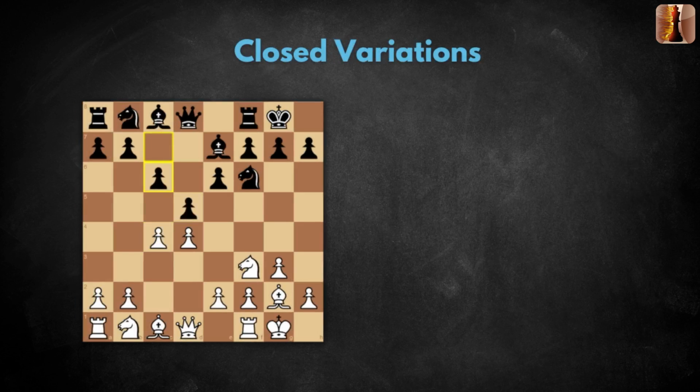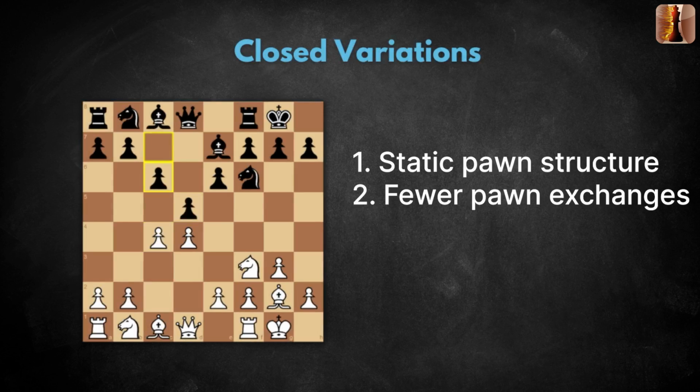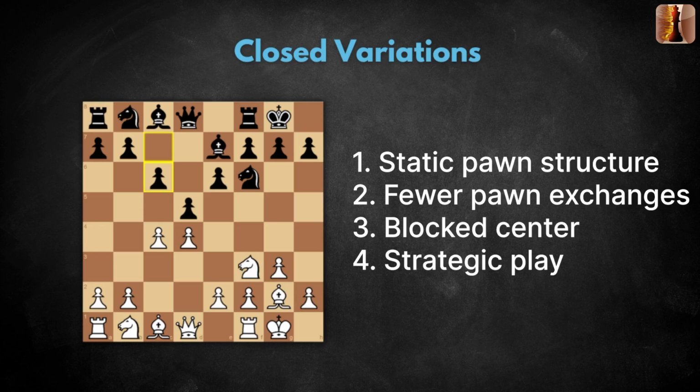Closed variations, on the other hand, have static pawn structures with fewer pawn exchanges. The pawns often block the center, leading to slower and more strategic play. These positions require more maneuvering and positional understanding, as players need to prepare pawn breaks or piece repositioning to create weaknesses or gain space.